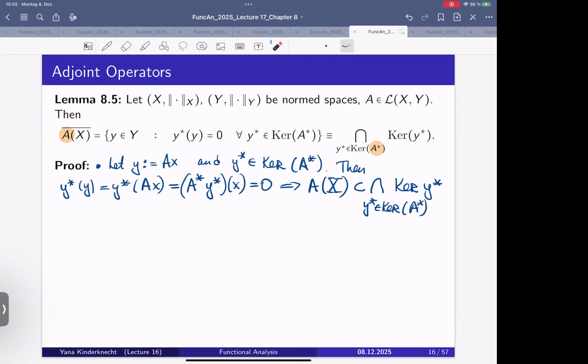We have taken an arbitrary y from this set, and we have seen that y star applied to y is equal to 0 for any y star here. This means y belongs to the kernel of y star, and this happens for any y star from this set. Okay?